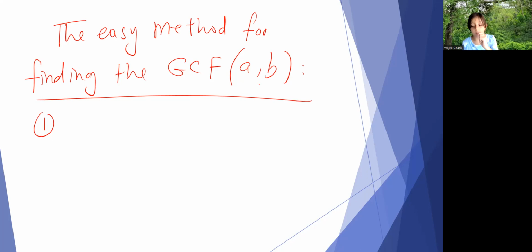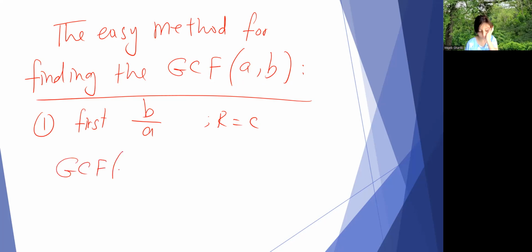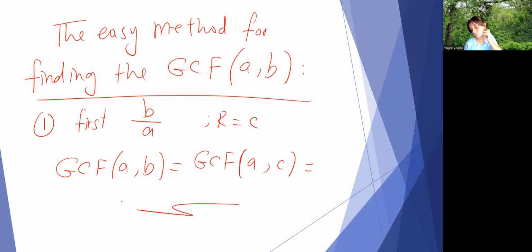Suppose A is the smallest, so first divide B by A, and see what the remainder is. Suppose the remainder is another number C. Then the greatest common factor of the first number and the second number is the same as the greatest common factor of A, the smallest number, and C. And it's an easy way to find this. And if A and C are still large numbers, you have to repeat the same method many times to get the answer.